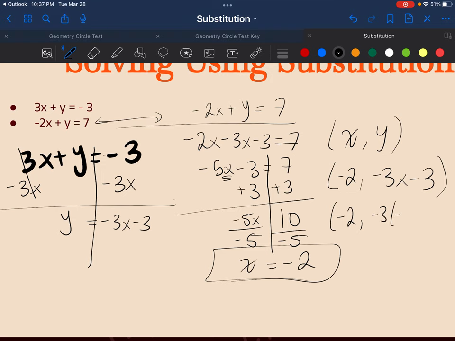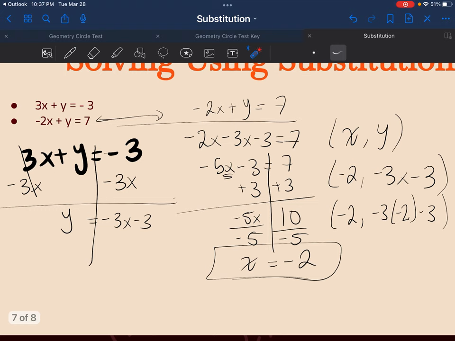And that should give us our final answer. So now we have to simplify. -3 times -2 is going to be +6, because a negative times a negative makes a positive. And then we're left with +6 minus 3, which, if you do the math on your fingers, you're left with positive 3. You have $6 and I take away 3, you're left with $3.